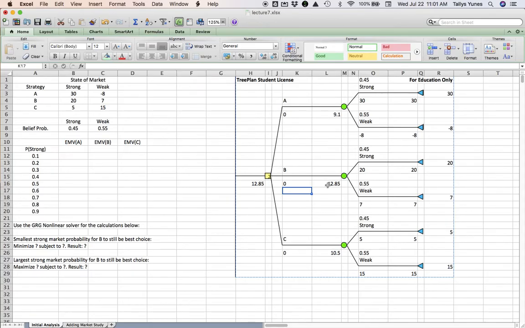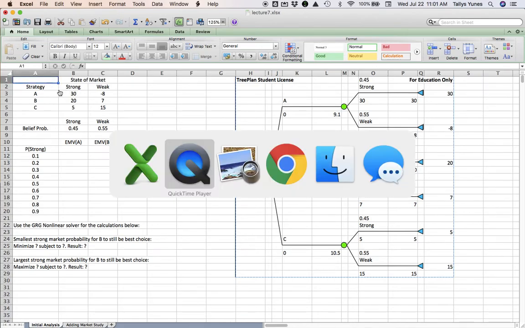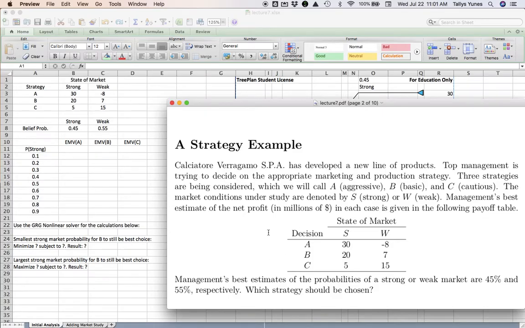Okay, and this covers pretty much what this first part of the problem was talking about. So if you want to maximize the expected payoff, given this payoff table and the market outcome probabilities that we have, the basic strategy is the best.